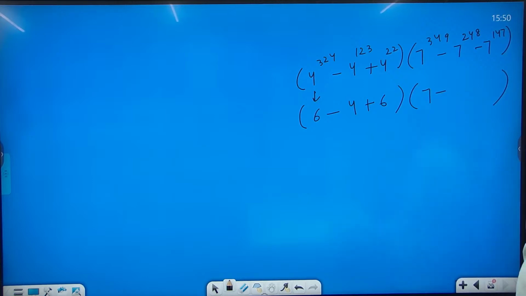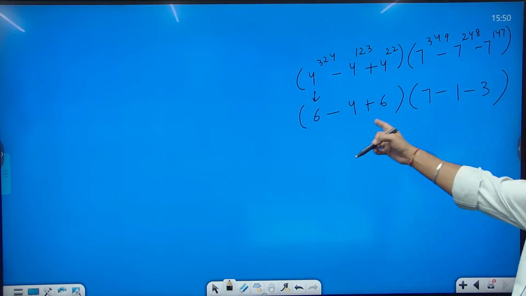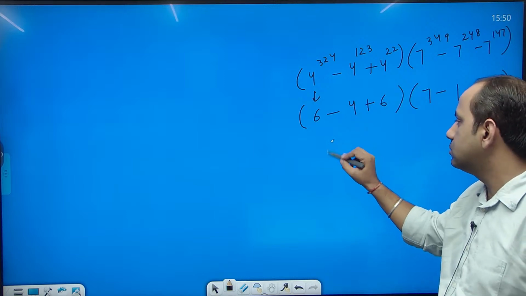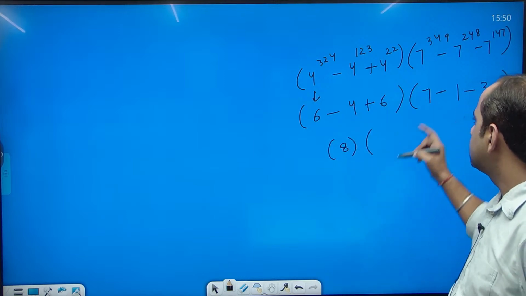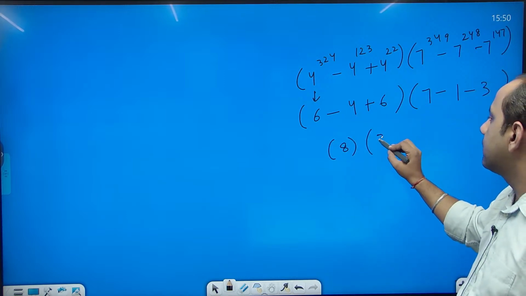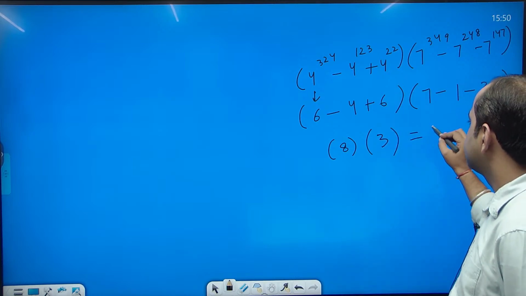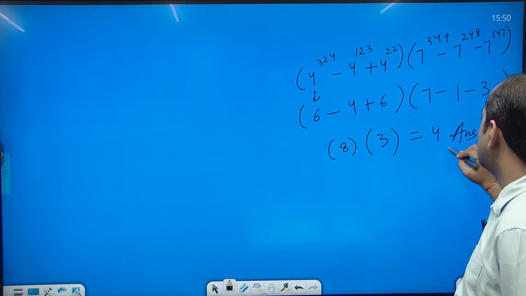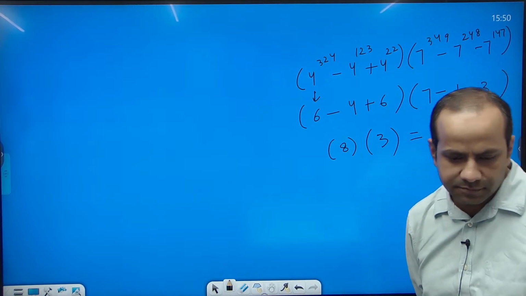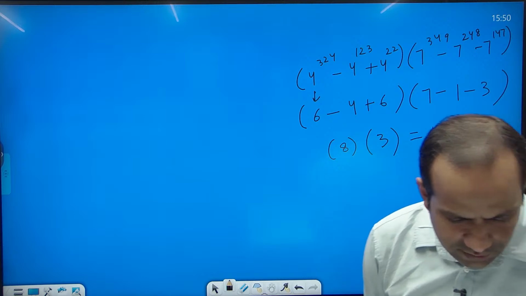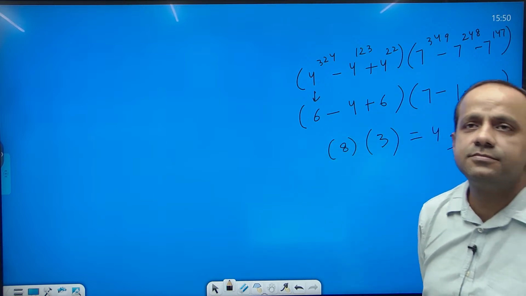These two were both minus, right? 7 to the power 248 is 1 and 7 to the power 147 is 3. Now this bracket will be 12 minus 4. This bracket will be 7 minus 4, and 8 into 3. Any doubt in this? 4 is in the options. Option D is the correct answer.